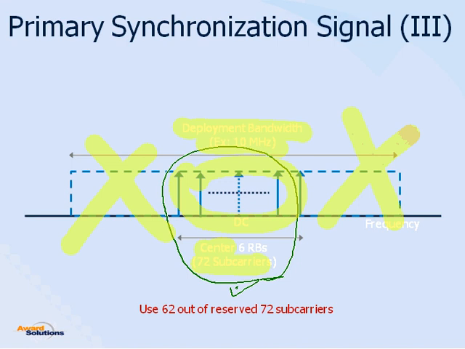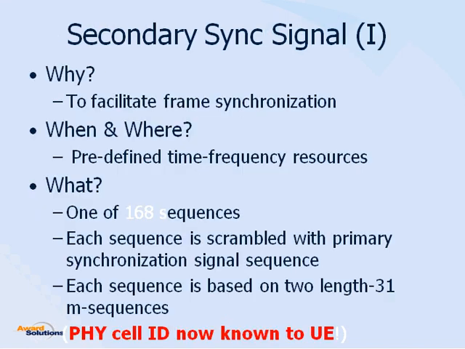So let's summarize. Once the UE has looked at the primary signal, it knows the cell number, whether it is cell 0 or 1 or 2. 1 out of 3 identities it will know. Then it moves on to detect the secondary signal.